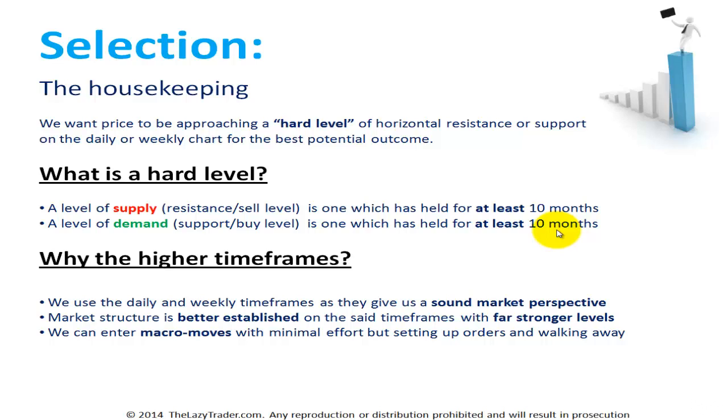It means that we can essentially enter into the bigger picture moves with minimal effort in setting up and managing our trades. We can quite literally set the orders up and walk away. Whereas if we did trade the hourly or the 4 hourly or even the 15-minute for that matter, it will mean that we have to be tied to a physical location in order to manage the trade.